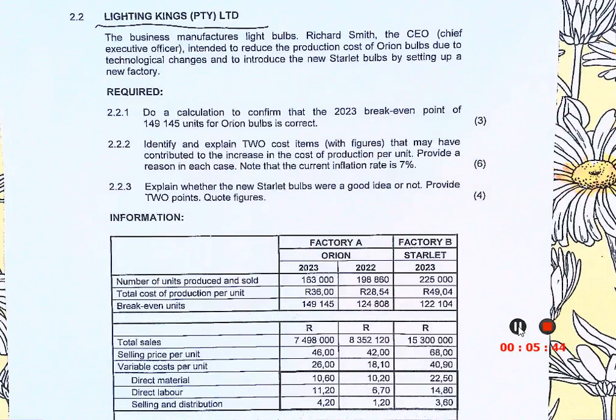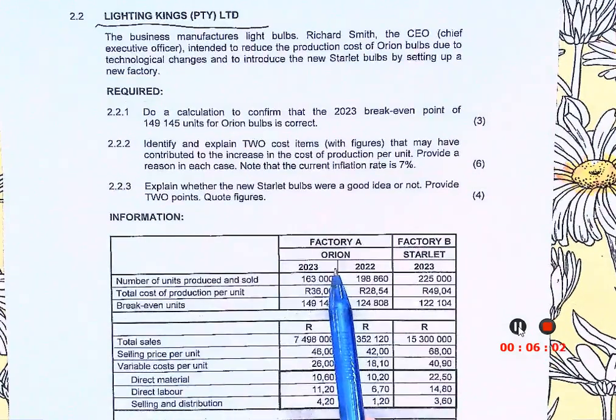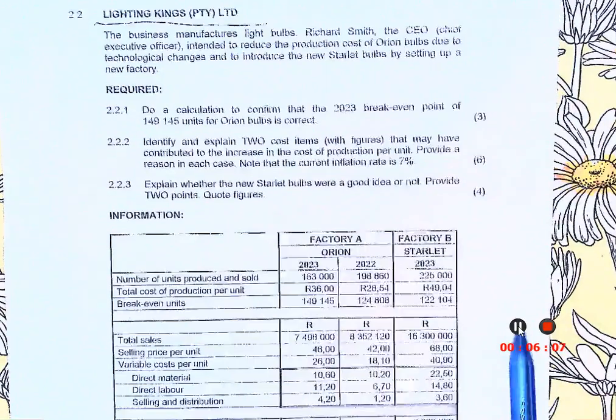So what is technological changes? Maybe you got more upgraded machinery. And to introduce the new Starlit bulbs by setting up a new factory. Can you see, there are two separate bulbs with separate information. So factory A does Orion and factory B does Starlit.